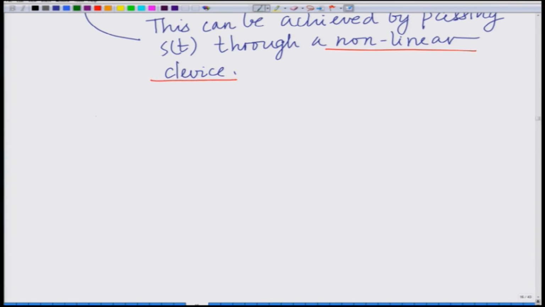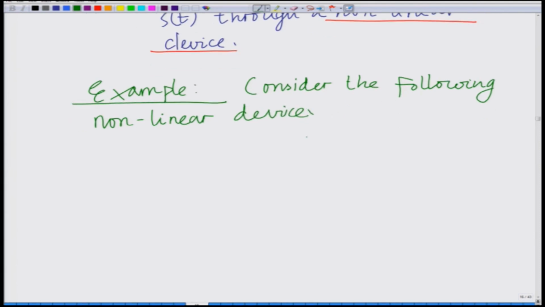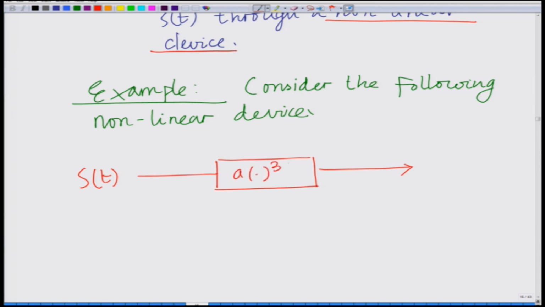For example, consider the following nonlinear device, where our input is s(t). This is your nonlinear device which performs a cube law operation.